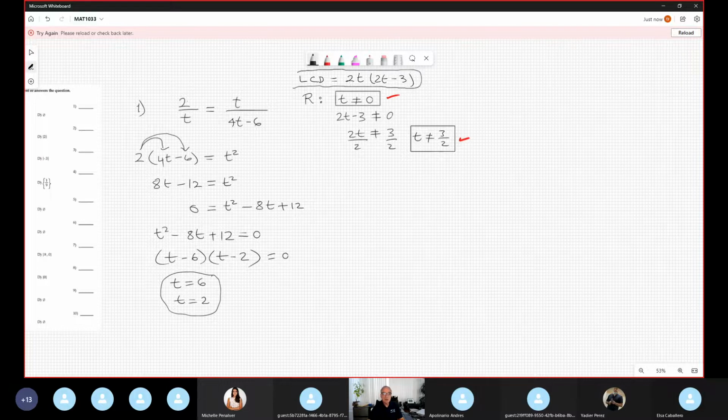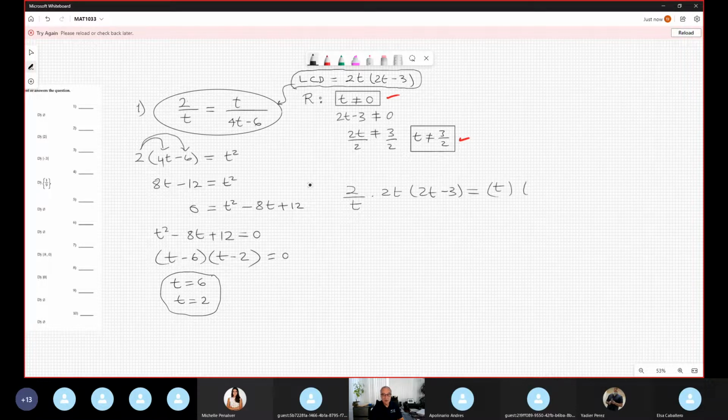If you multiply this original equation by the LCD, we have 2 over t times 2t minus 3 equal t multiplied by 2t minus 3 again. I multiply in the left and the right-hand side.